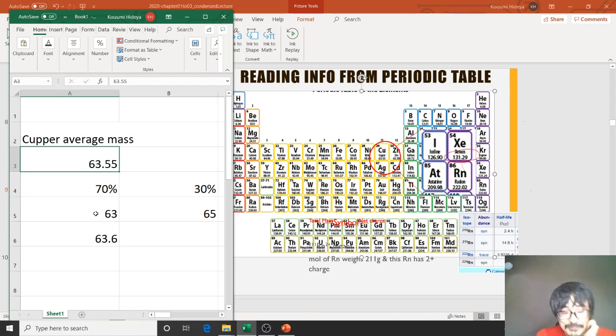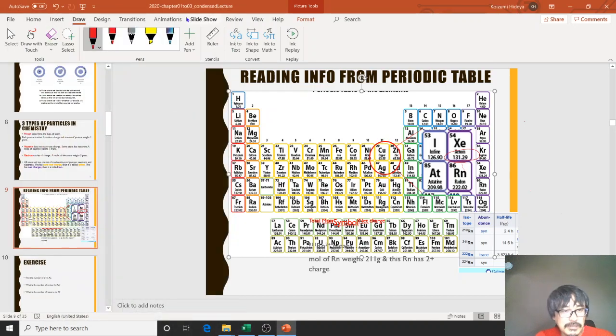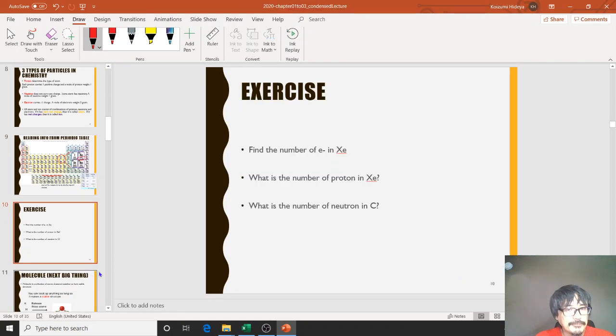The average mass of the copper is written in here. I'm going to talk about this average mass a little bit more, because when we actually start solving the problems, you're going to have to deal with your own calculations. So we're going to deal with that one later.